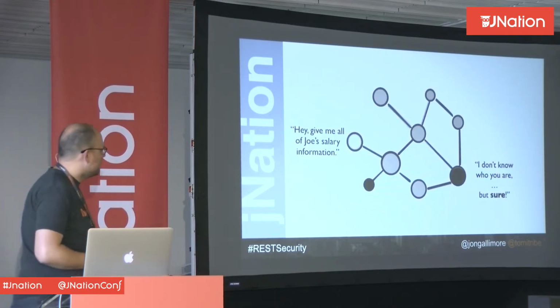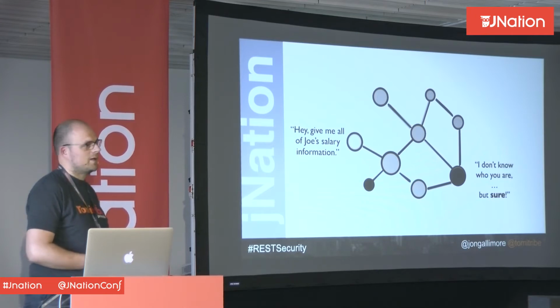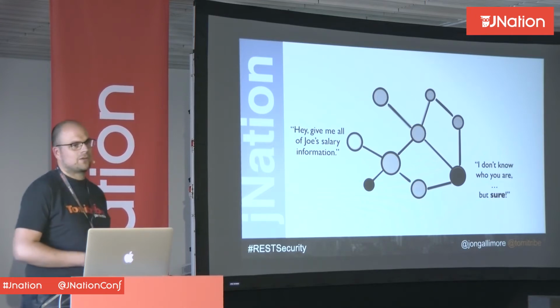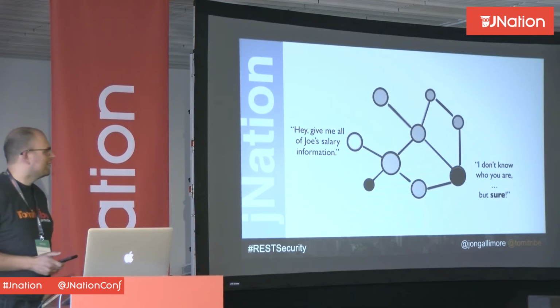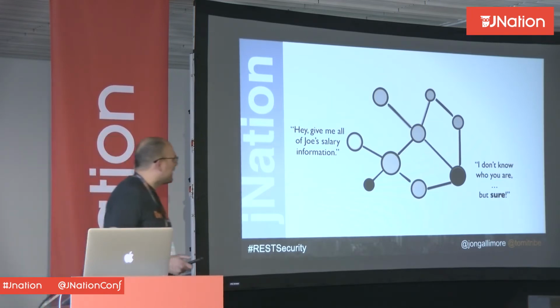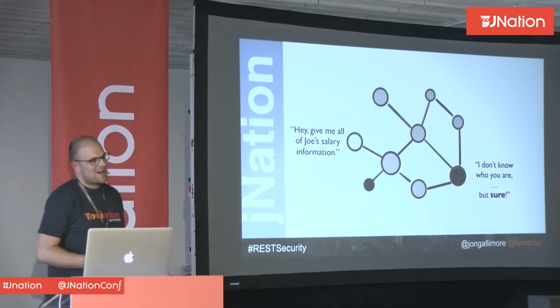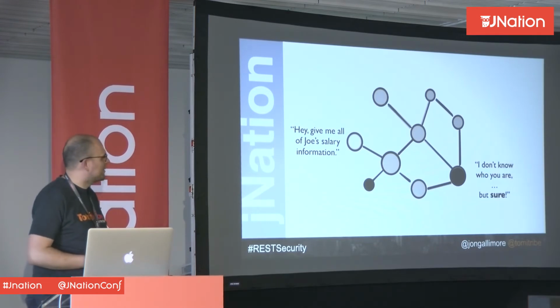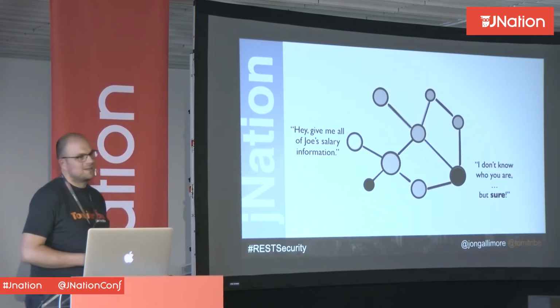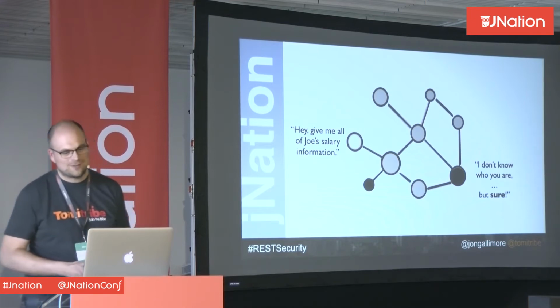We have one other problem where we're not passing authentication through, which is how these microservices communicate with each other. Here we've got microservice A making a request to microservice D saying, hey, can I have all of Joe's salary information?